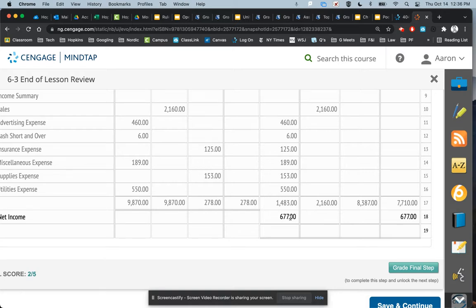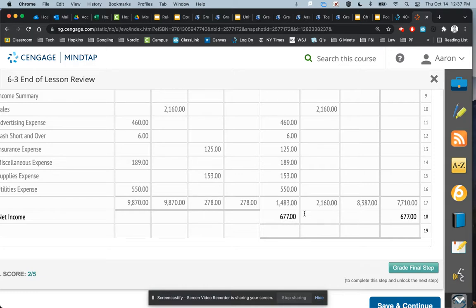And so on the income statement, it looks like a profit, right? But if you think about what this actually is, this business is owned by one individual, okay? Owner's equity is what that $677 is when it gets transferred over to the balance sheet, because owner's equity is whatever is left over of assets after liabilities are taken out.